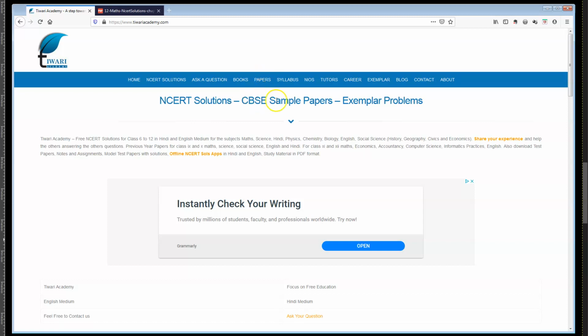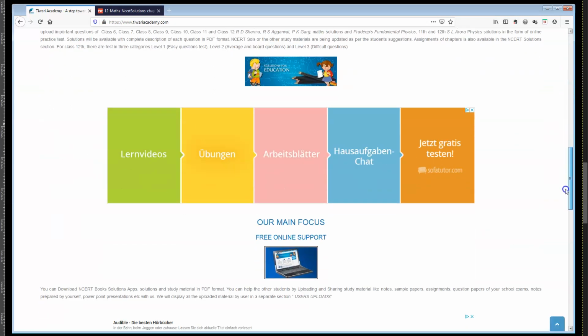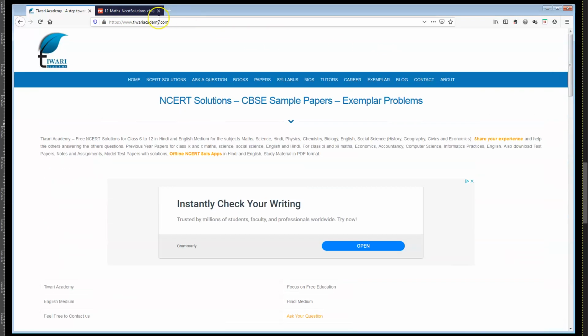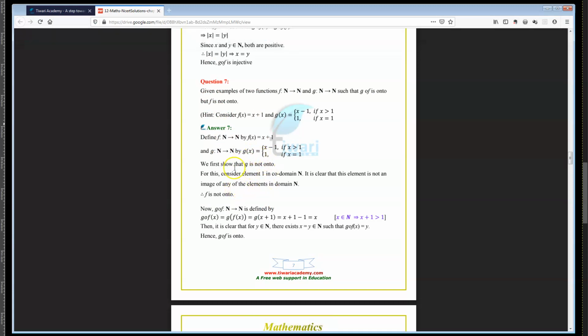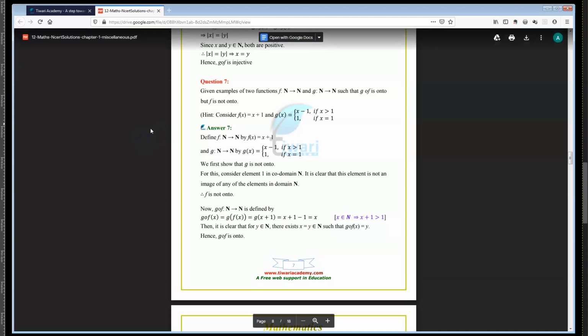For example, I found that on this website, Tiwari Academy, the solutions have been presented in an orderly, clean fashion. You can see that you have the question over here, and the answer has been written properly in clean language that usually doesn't contain any errors.